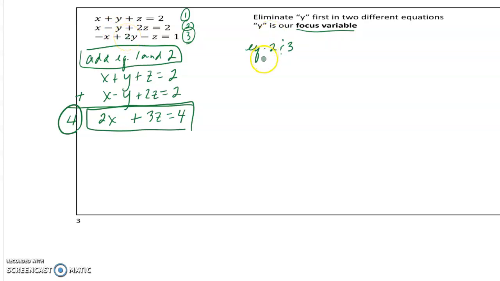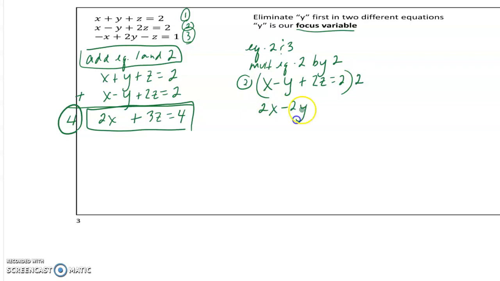So I'm going to rewrite equation 2: x minus y plus 2z equals 2. I'm going to multiply this by 2, so I get 2x minus 2y plus 4z equals 4.